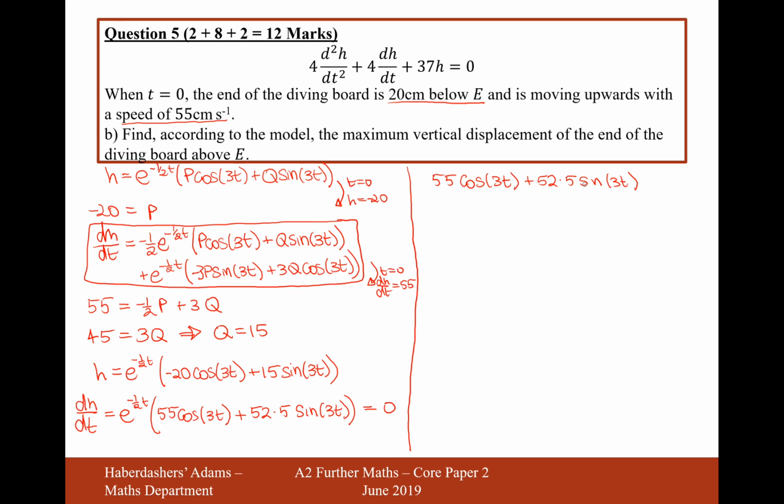So this is an equation where we're going to have to move stuff onto the other side and work out what tan is equal to. So if I move the cos bit onto the other side and then I move some numbers around, I'm sure you'll be able to work out that this will be tan of 3t equals, so if we move the cos first, that's going to make it minus 55 over 52.5.